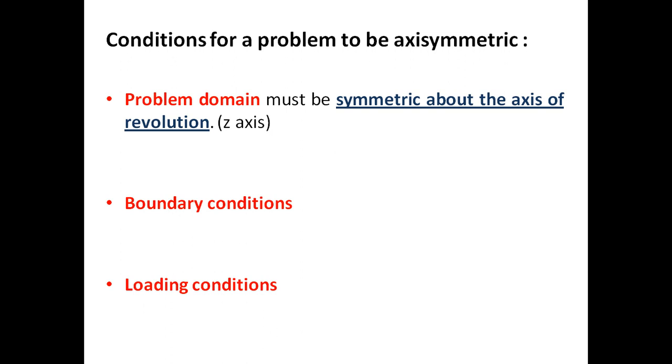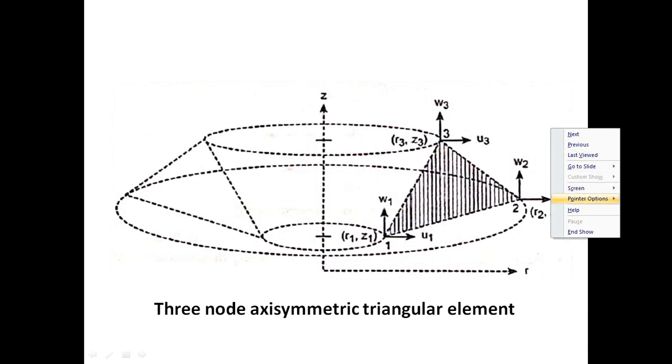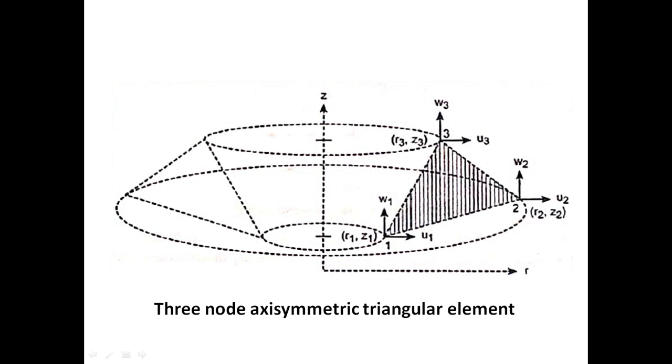Here is the perfect example for the axisymmetric element. This is a two-dimensional triangular element, but here it is notated in the axis of revolution z, and the other axis r, so this triangular element is called an axisymmetric triangular element.